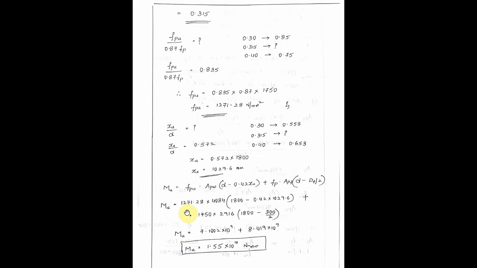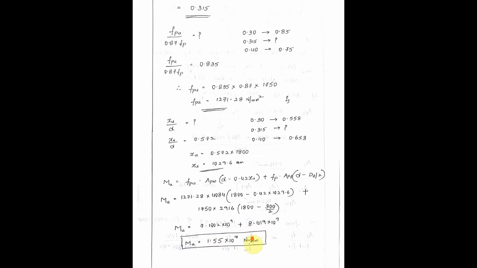Therefore MU equals 1271.28 into APW 4084 into (depth 1800 minus 0.42 into XU 1029.6) plus 1750 into 2916 into (1800 minus 300 divided by 2). So MU is equal to 7.100 into 10 raised to 9 plus 8.4 into 10 raised to 9, that is, MU equals 1.55 into 10 raised to 10 Newton mm.